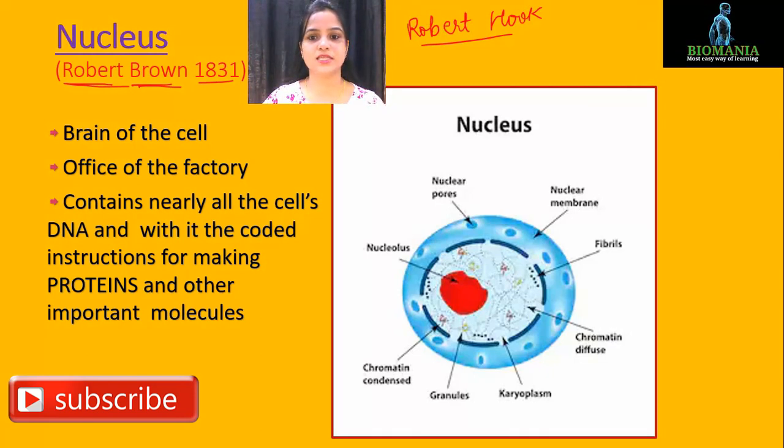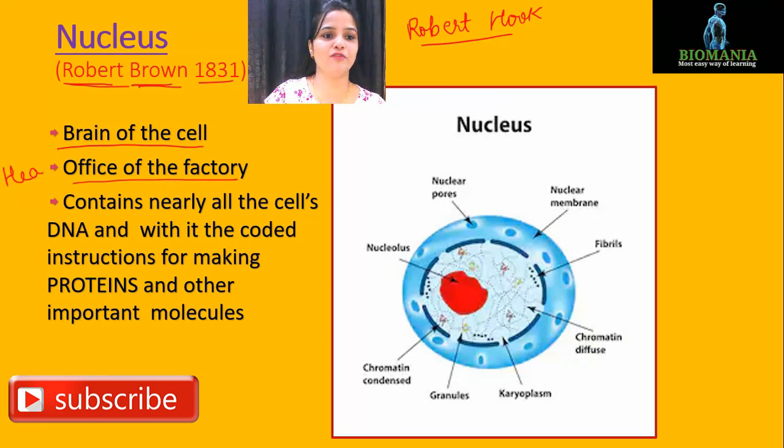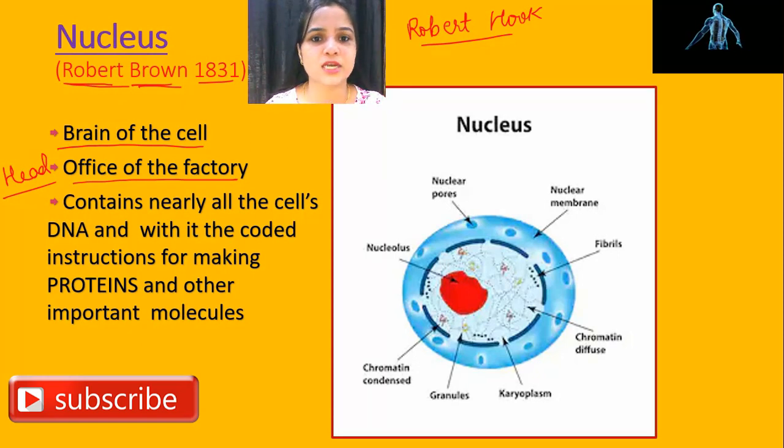So you can say that is the brain of the cell. Or in another way you can say that is the head office of the factory, because it has the capability to control all the cell organelles, their function, and all the processes which are continuously going inside a cell.